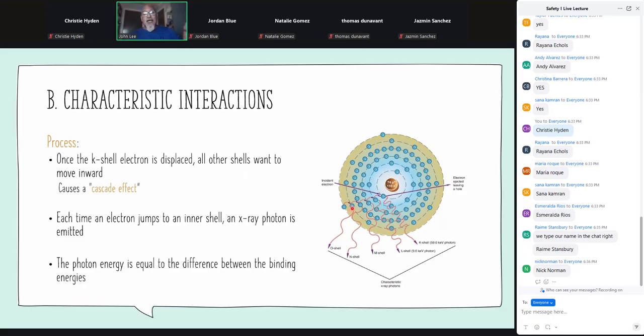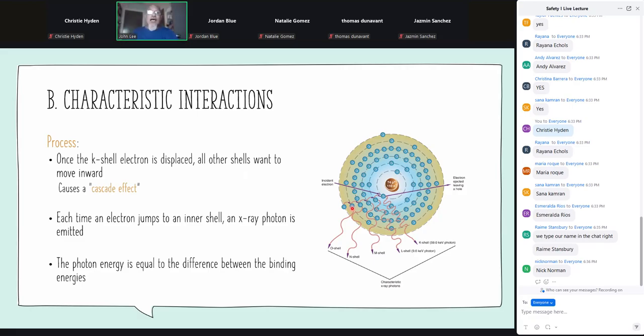We're going from an outer shell further away from the nucleus and then dropping down closer to the nucleus. That's the cascade. However, it does not have to be an L shell that fills the K. It could be an M shell, an N shell, or an O shell that drops down into that space.